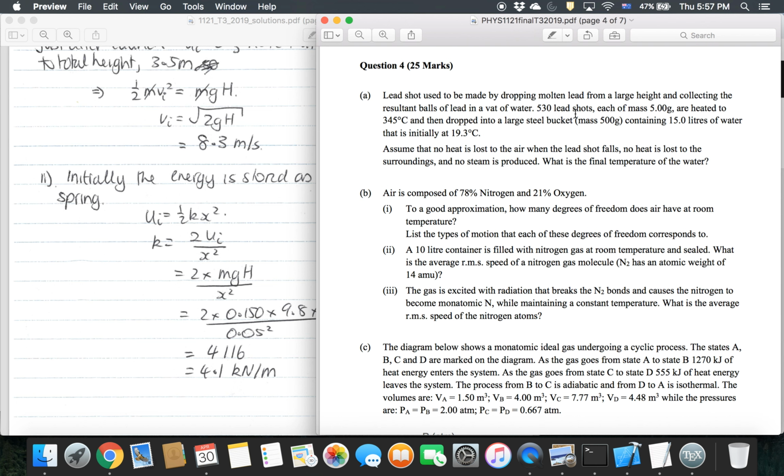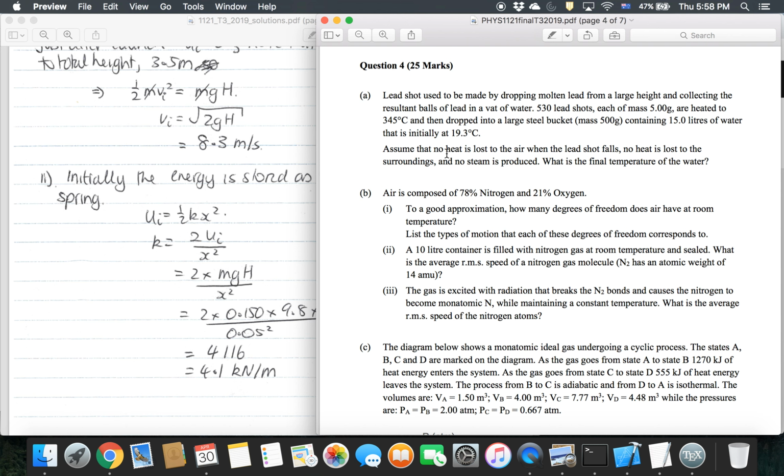And 530 lead shots, each with 5 grams mass, are heated to 345 degrees Celsius, then dropped into a large steel bucket containing 15 liters of water that is initially at 19.3 degrees Celsius. Assume no heat is lost to surroundings, and no steam is produced. What is the final temperature of the water?